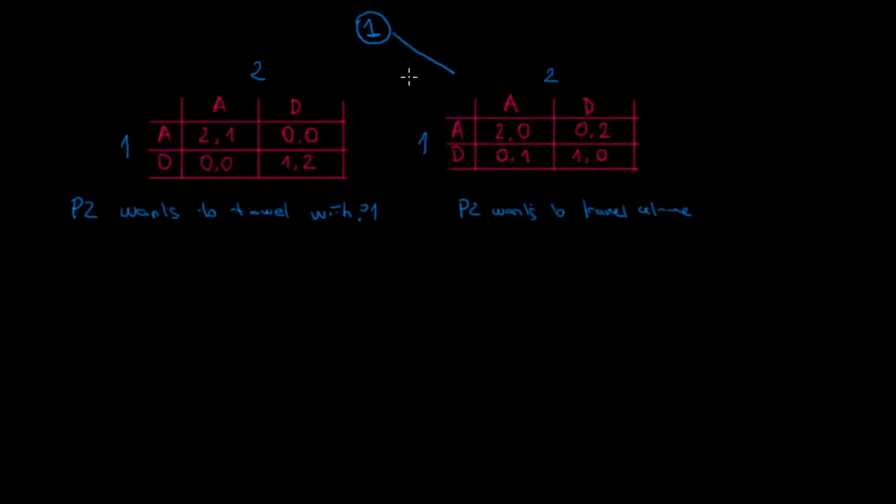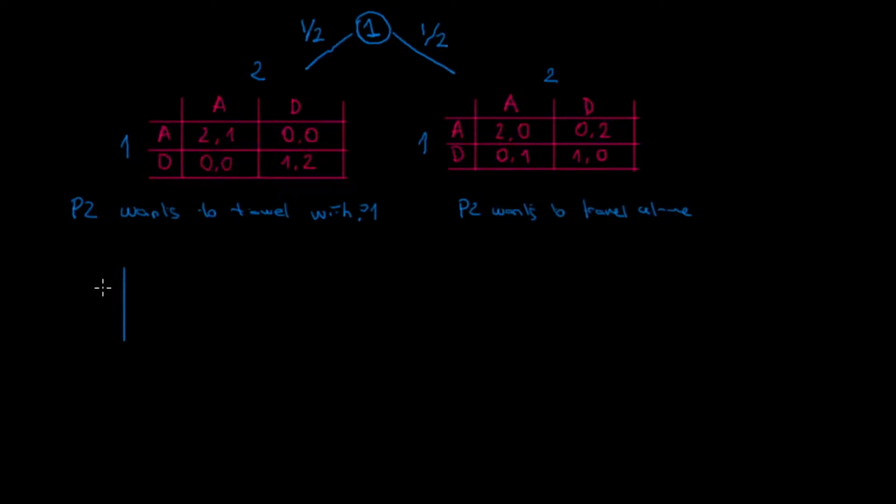So he thinks that with probability 1/2, player 2 is in the first type, and with probability 1/2 in the second type. So now we are going to compute first of all the table of best responses for player 1. Let's do that.